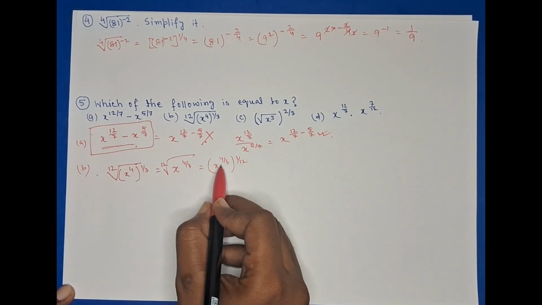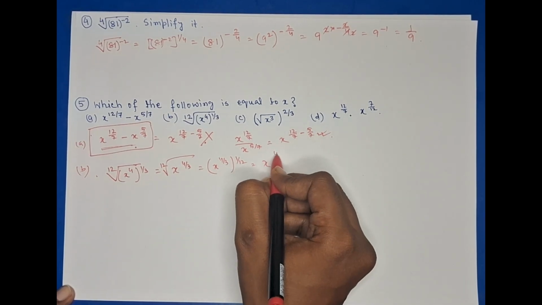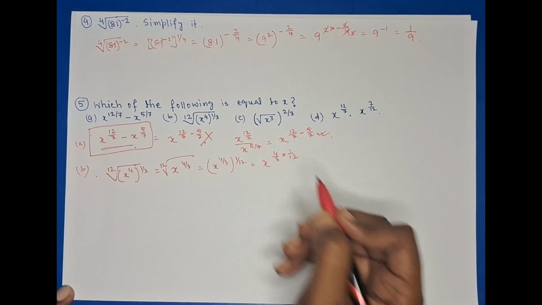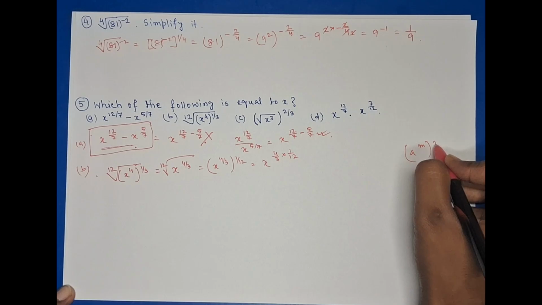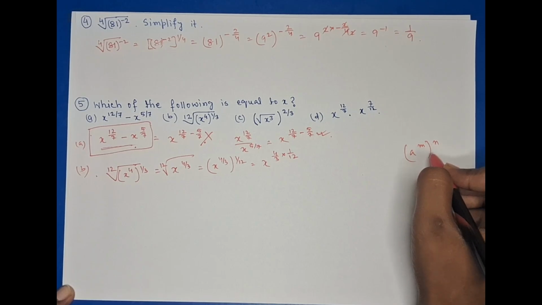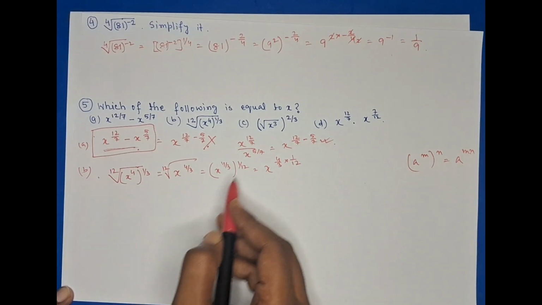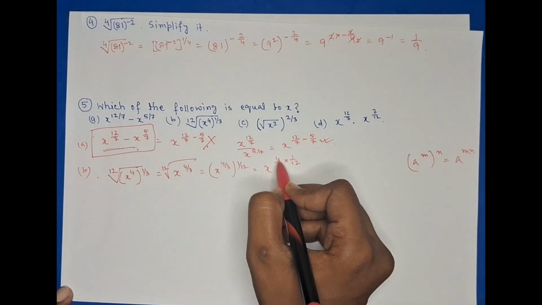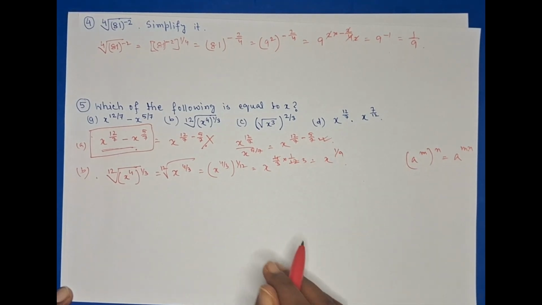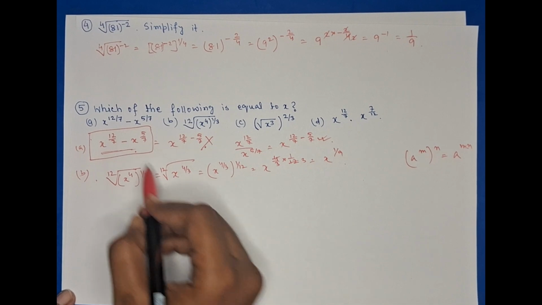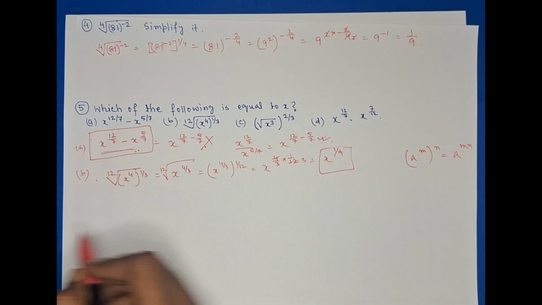We can write x to the power 4 by 3 whole to the power 1 by 12. So x to the power 4 by 3 into 1 by 12. Again, like this formula, a to the power m whole to the power n is a to the power m n. We can write it similarly. So this is like 4 3s are 12, x to the power 1 by 9. Okay. This is also not equal to x. This is x to the power 1 by 9.